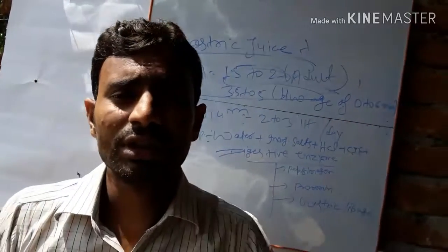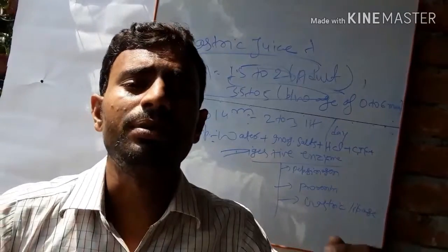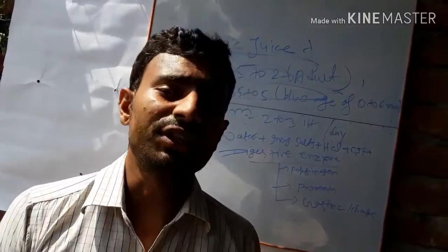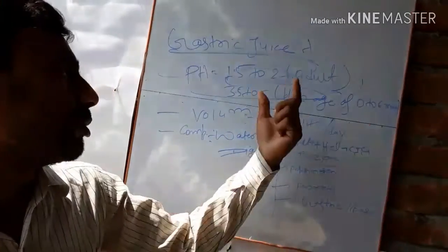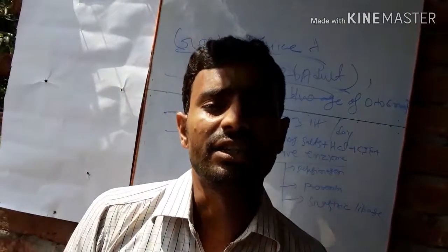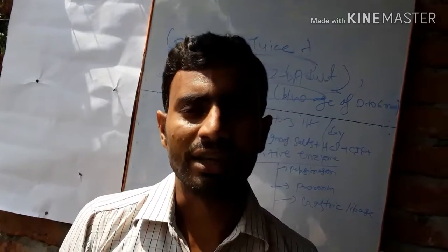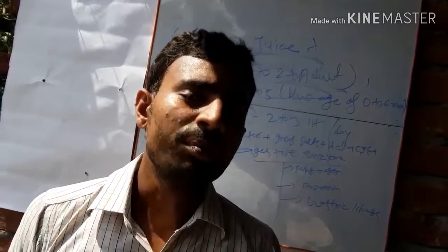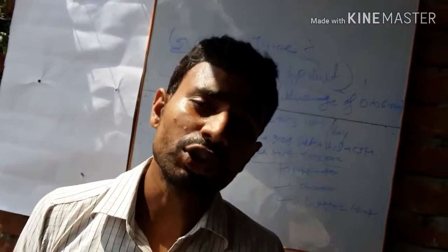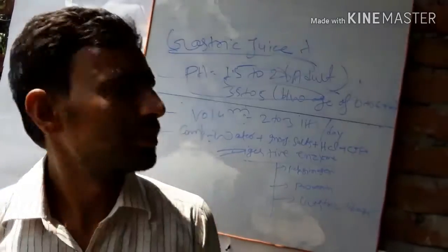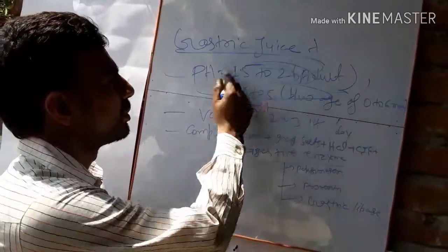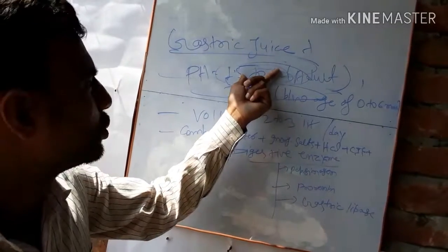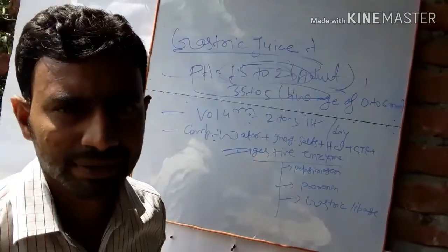After 6 months from birth, you start eating food, and when you eat food, HCl secretion starts. Then the pH of gastric juice decreases in the presence of HCl. So in the adult, the pH of gastric juice decreases from 3.5 to 5 down to 1.5 to 2.